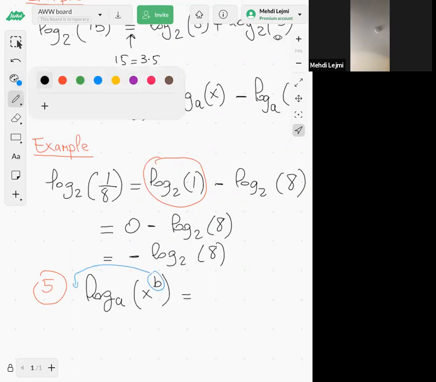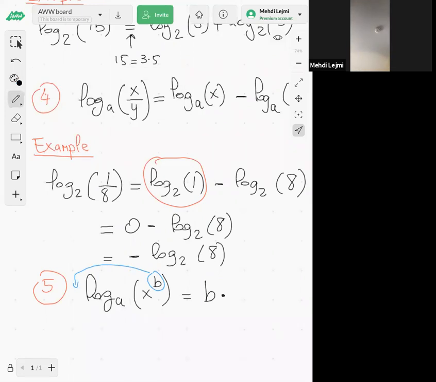So that will be b times the log in base a of x. If you have log of x to some power, you can bring down the power in front of the log.